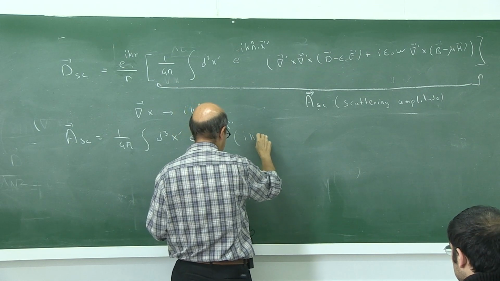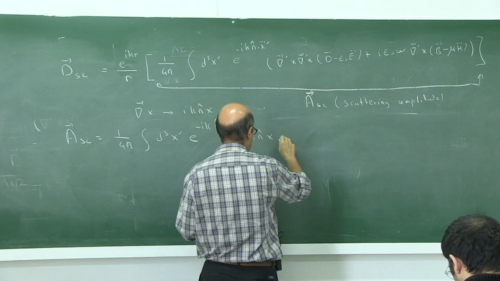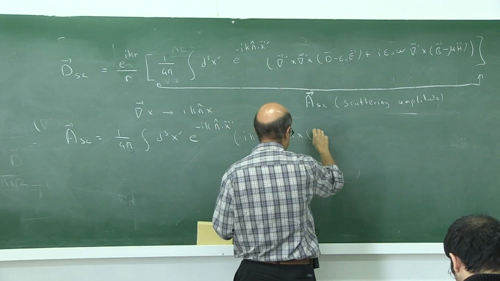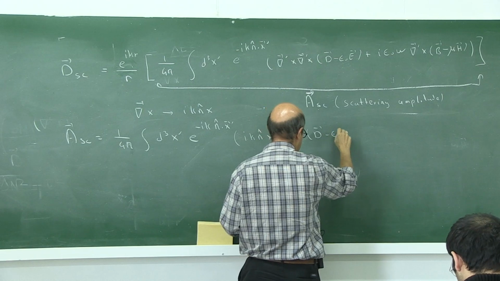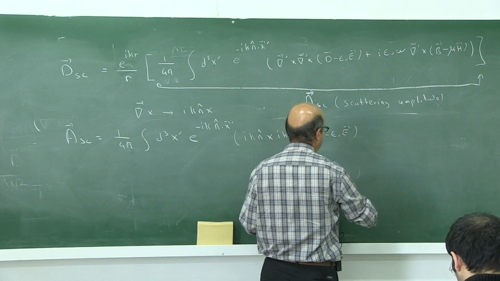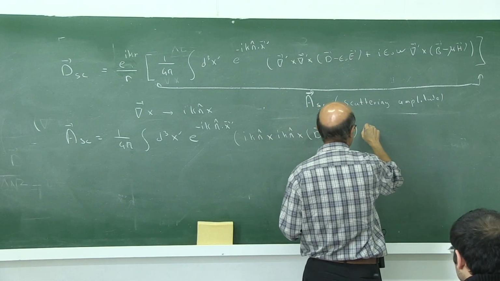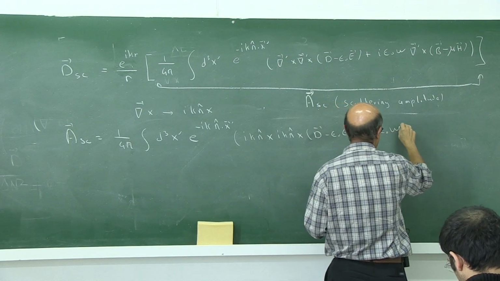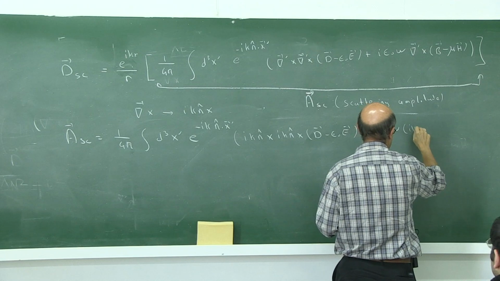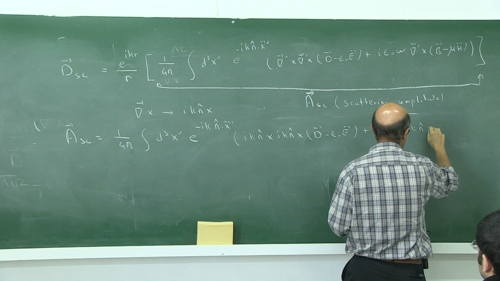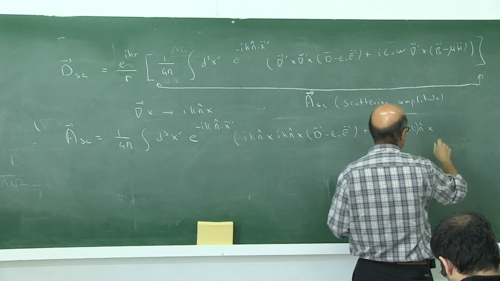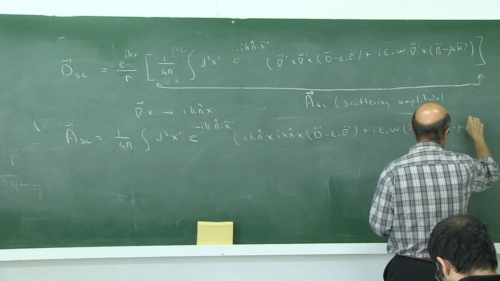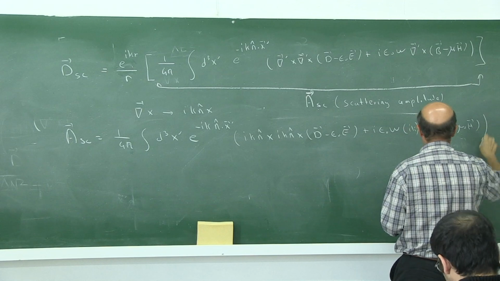So that will be ik n cross, D minus epsilon 0 E, plus i omega epsilon 0 times ik n cross, B minus mu 0 H, close the parenthesis.